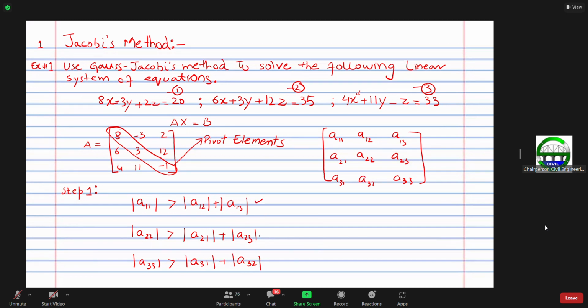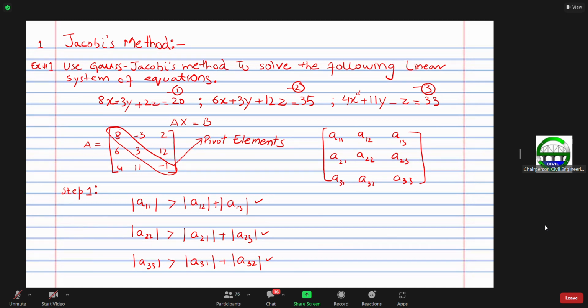If a matrix holds these three conditions, then we can solve our system of linear equations with the help of the Jacobi method. But in this particular example, let's see whether these conditions are okay or not.